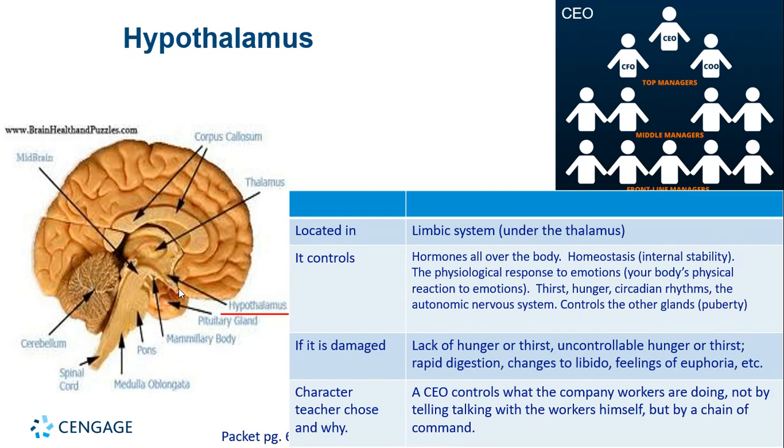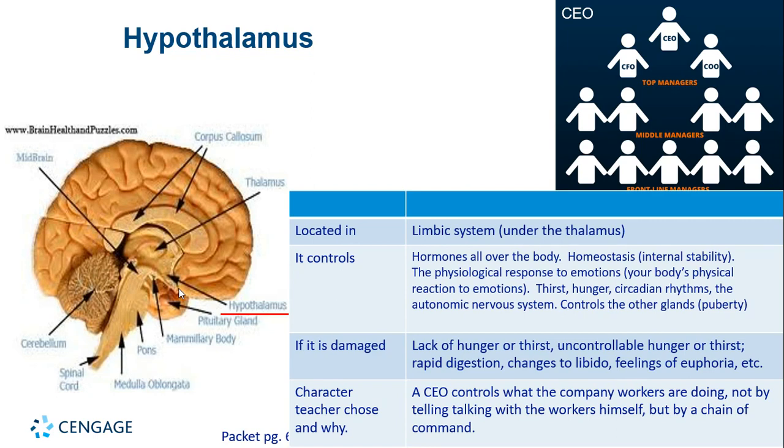What it does is that it sends a signal to the pituitary gland via hormones. And then your pituitary gland sends signals to the ovaries if you're a lady, or it sends signals to the testes if you're a gentleman. And the ovaries release estrogen, which begin the process of puberty for girls, and the testes release testosterone and androgens, which begin the process of puberty for boys.